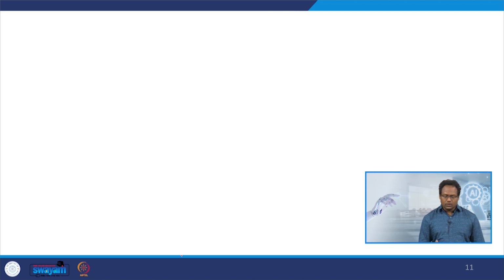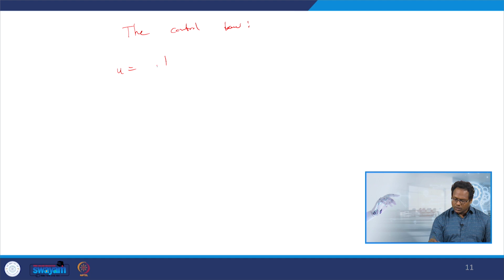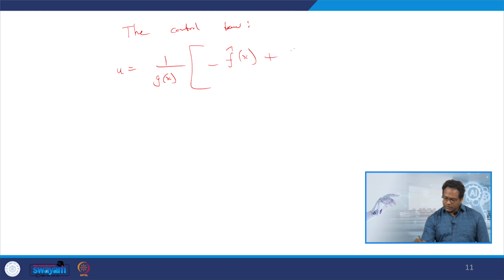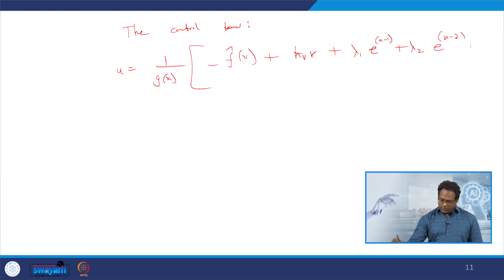So, in this case the control law is defined as u equal to 1 by g of x into minus f hat of x plus kv into r plus lambda 1 multiplied by the n minus 1th derivative of the tracking error plus lambda 2 multiplied by the n minus 2 derivative of the tracking error, plus it continues, lambda n minus 1 into first derivative of the error plus x n d dot.